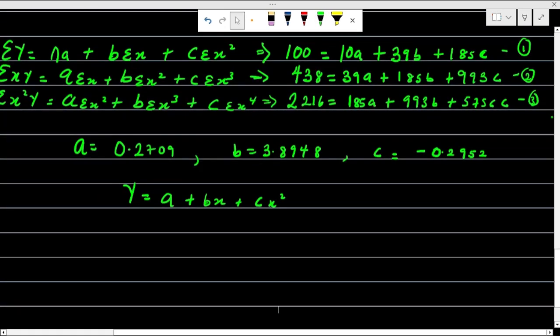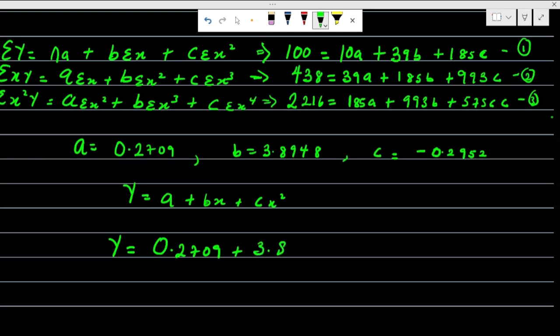Our y will be 0.2709 plus 3.8948x minus 0.2952x squared. And this is giving us a quadratic equation vibe. So this is the required equation.